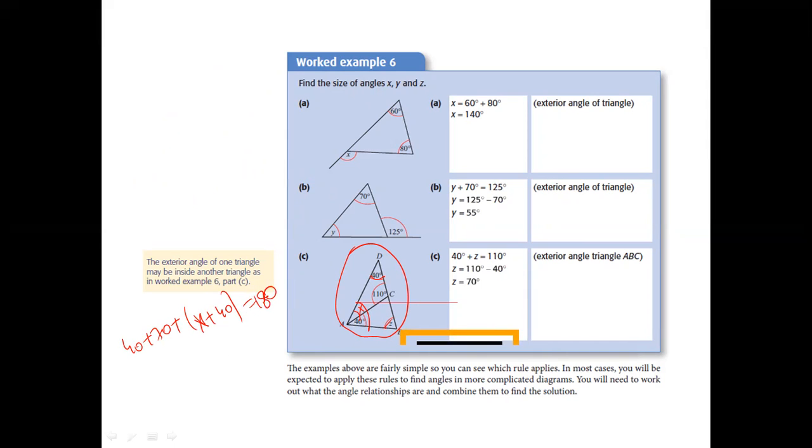So 70 plus 40 is 110, 150, x is equal to 180 minus 150, and x is equal to 30 degrees. So x is 30. Now let's put the place of x, here is 30. What about z? Already we have found z was 70. And b is for you.